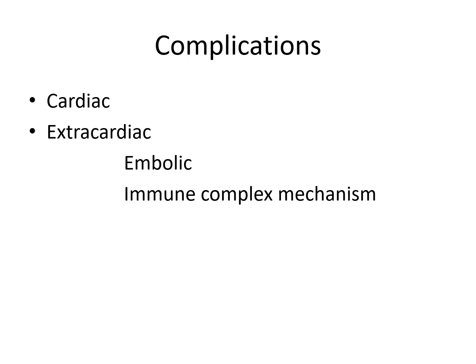Complications of infective endocarditis are cardiac complications and extracardiac complications. Cardiac complications are due to direct valve damage. And extracardiac complications are due to two phenomena. One is the embolic phenomena, that is the thrombus embolizes, and another is the immune complex mechanism.